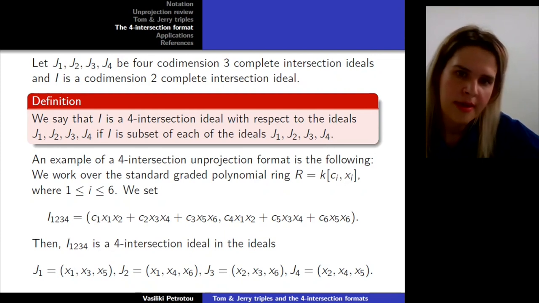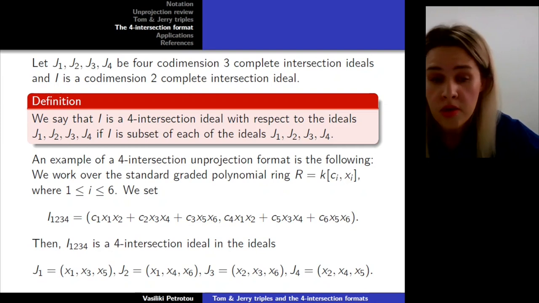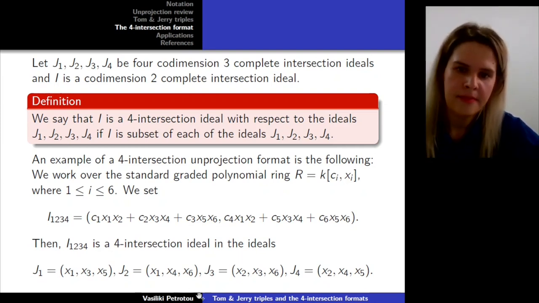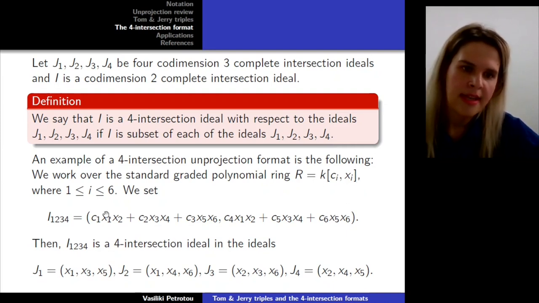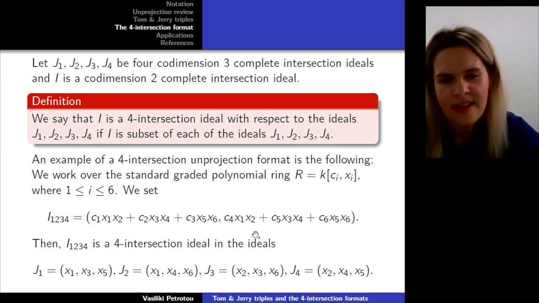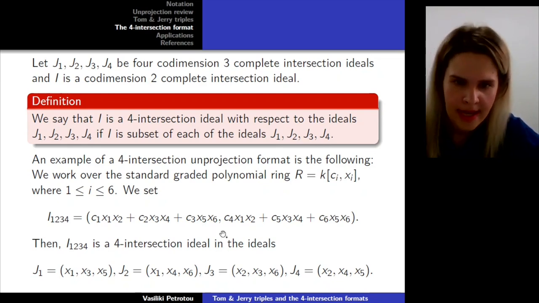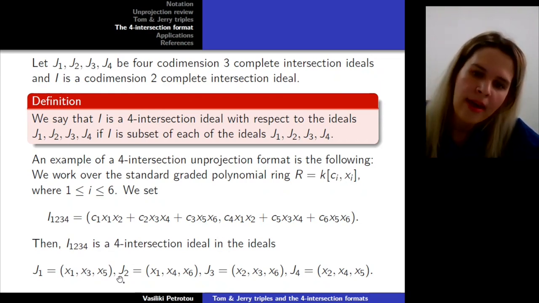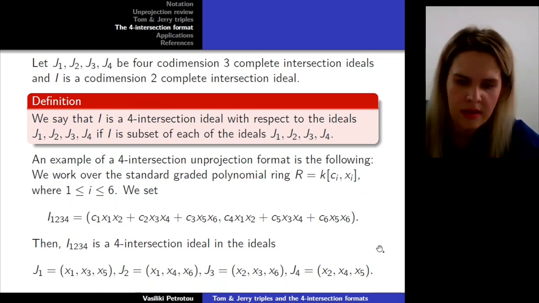An example of four intersection and projection format, which we use later again, is this. Assume that we have this polynomial ring. We set I1,2,3,4 to be this ideal, and we can easily check that this ideal is a codimension 2 complete intersection in each of the ideals J1 up to J4, just checking the generators again.